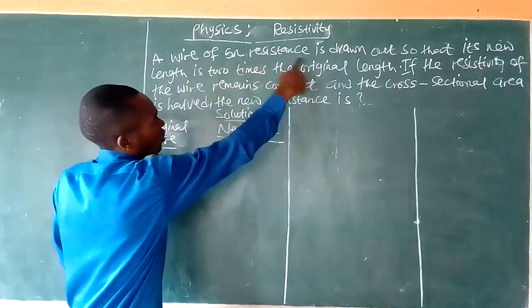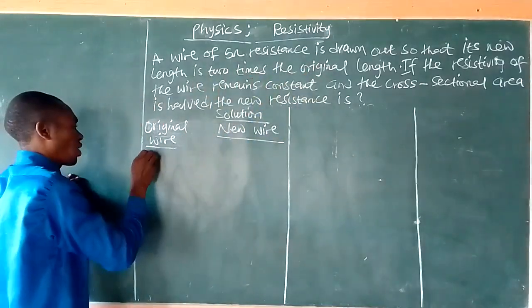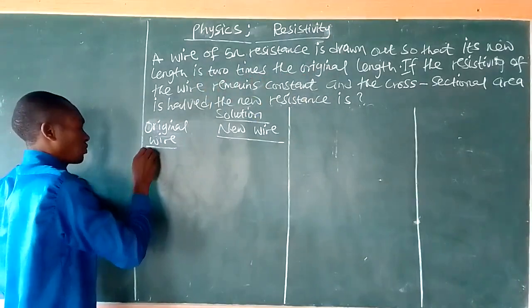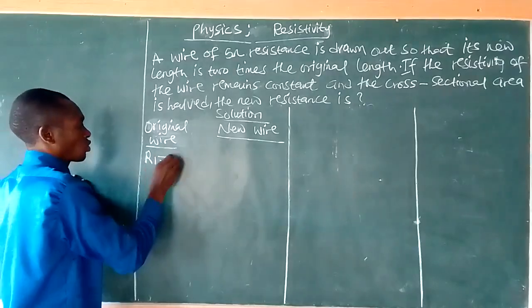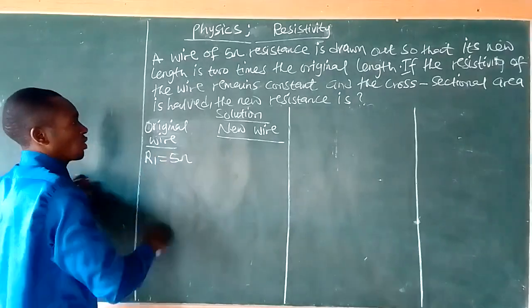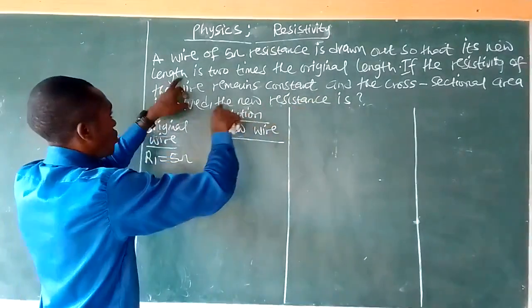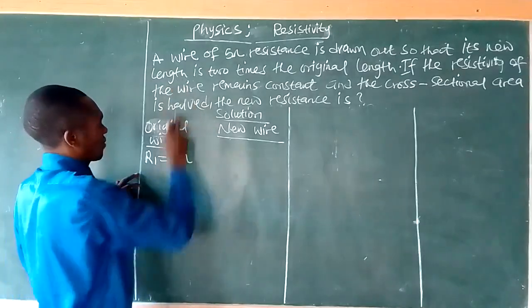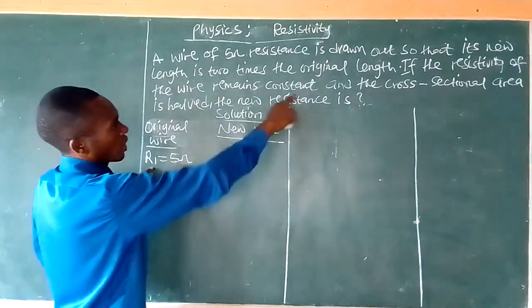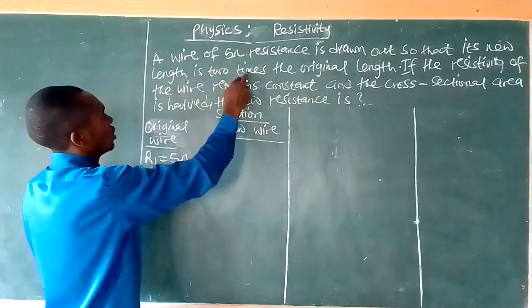So a wire of 5 ohm resistance is drawn. So we have R1, our resistance R1 is equal to 5 ohms. Then we also have that it is drawn so that its new length is 2 times.